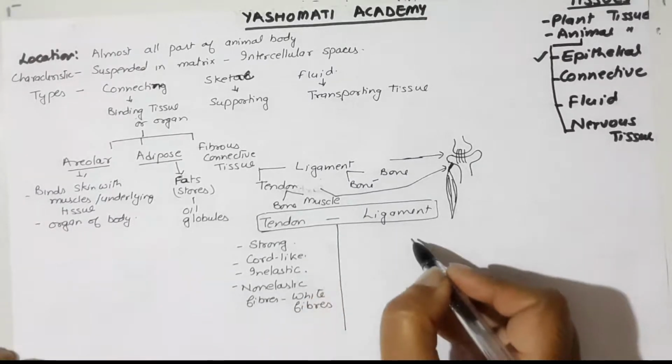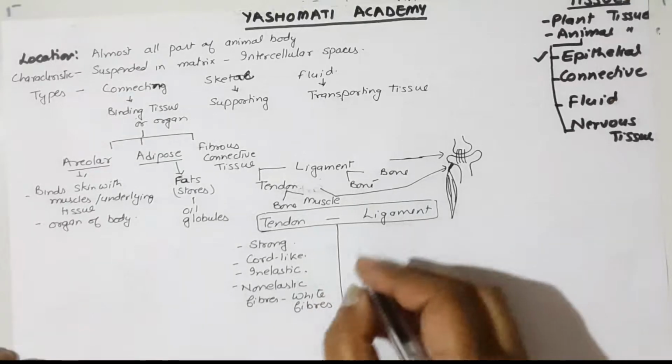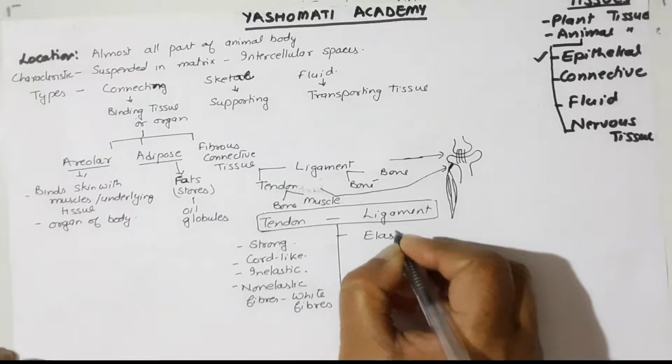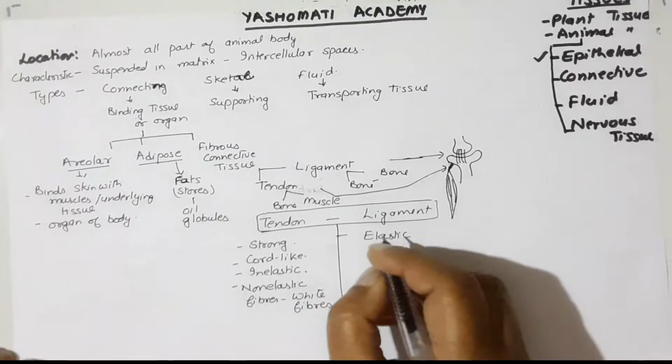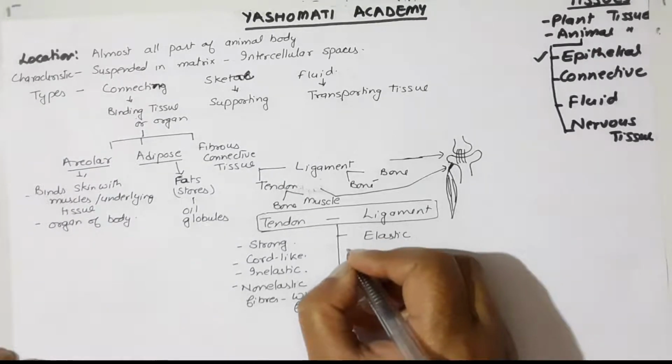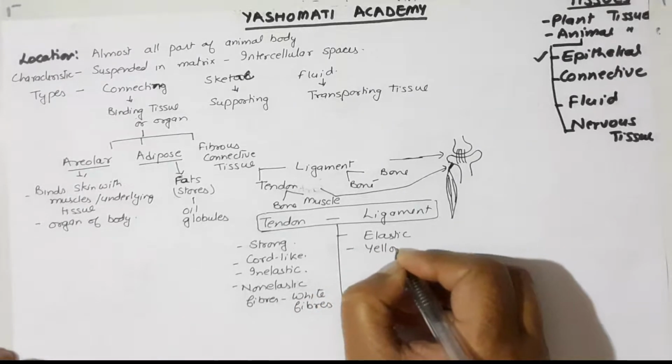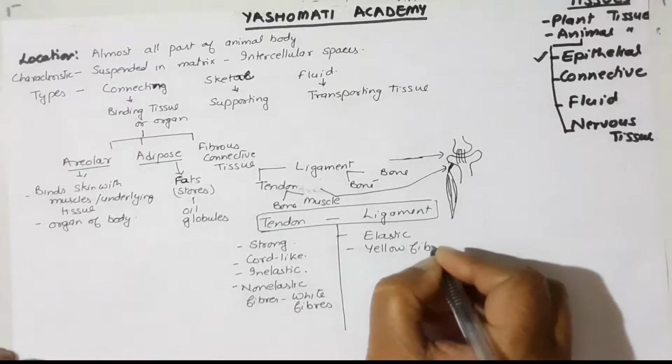In comparison to this, ligaments are elastic and they are made of yellow fibers.